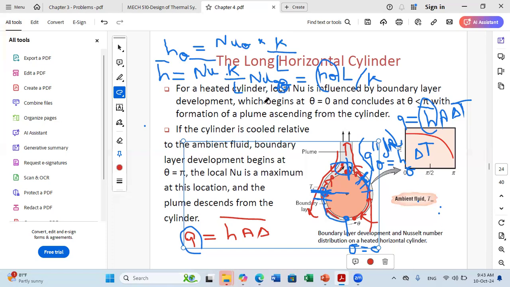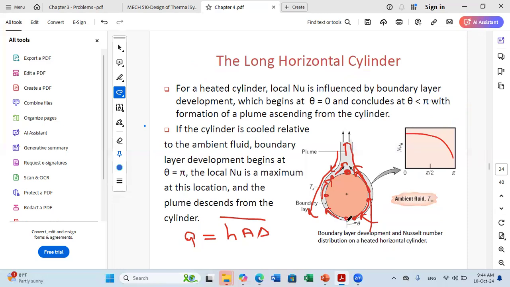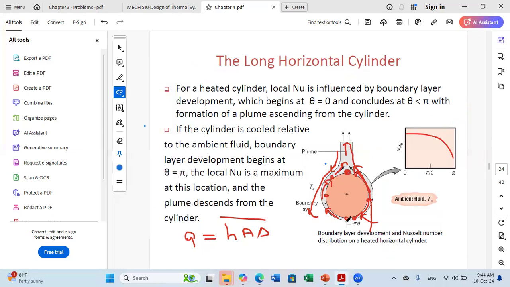So the boundary layer development will begin at theta equals 0 and will conclude at theta equals pi, when we do a complete turn over the cylinder. This is theta 0 here, and this is theta equals pi if I turn 180 degrees. I have at different locations different values of Nusselt.